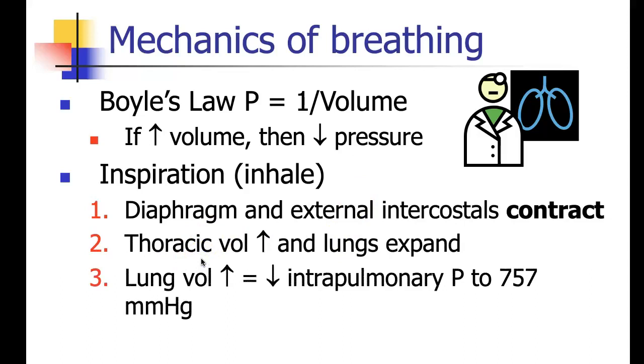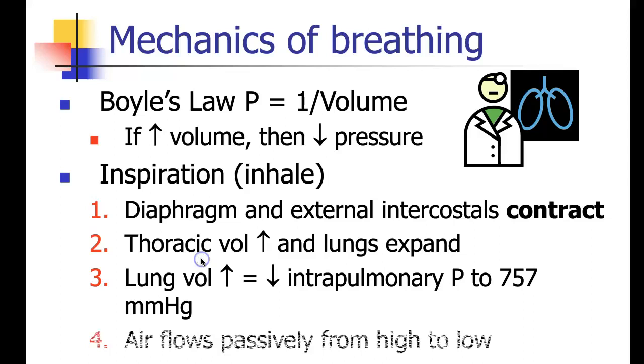And as the lung volume increases, therefore, the intrapulmonary pressure decreases, such that it's below the atmospheric pressure, and so air flows passively from high to low. So again, you're not sucking in air. The active part of this is contracting these muscles that then allow the lungs to expand and allow intrapulmonary pressure to decrease, so air flows into your lungs.